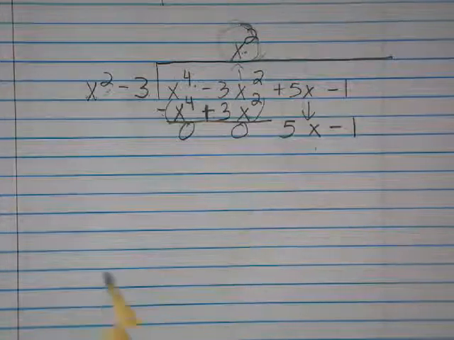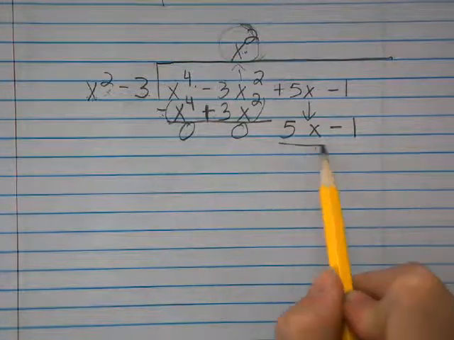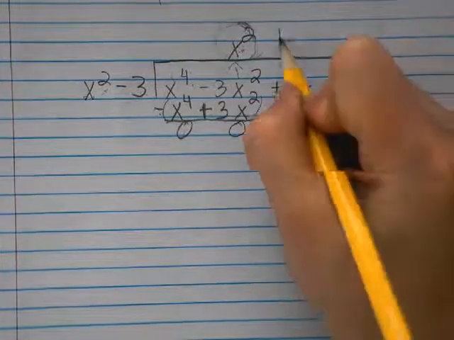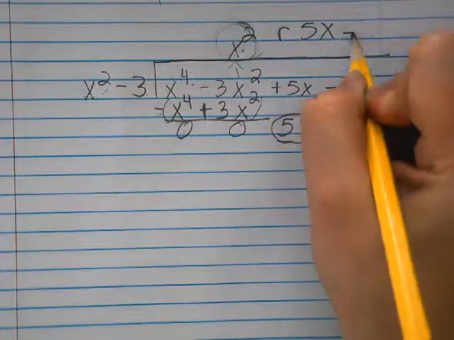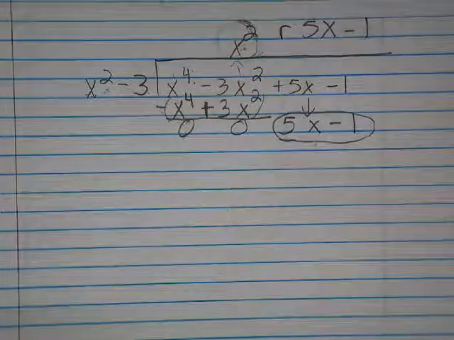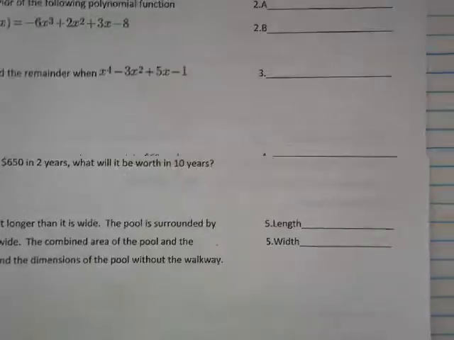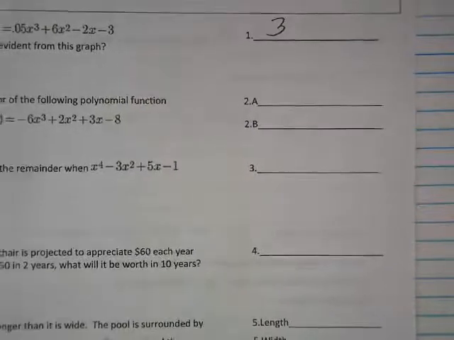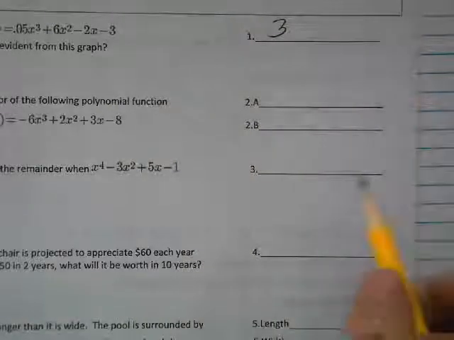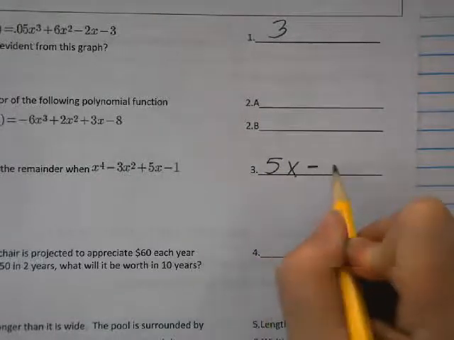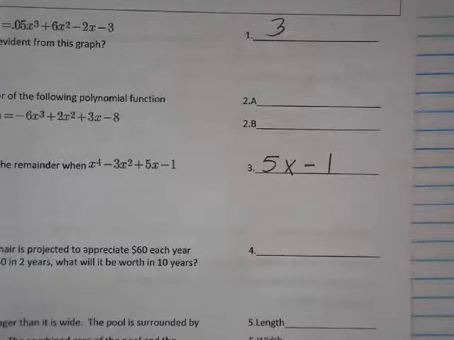So that means the rest of this, 5x minus 1, is our remainder. So the answer to the question here that you would write down, number 3, is 5x minus 1. Okay, that's all I'm looking for.